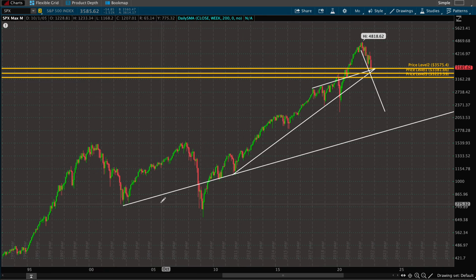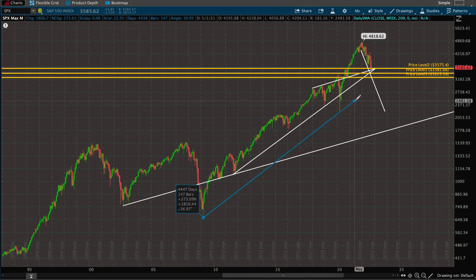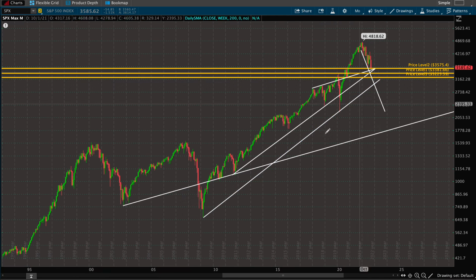But I drew some trend lines. This is a trend line going all the way to 2002 with the subprime crash, and then going up. Another trend line we can draw from here, and just see where it goes. As you can see, these trend lines that I drew, known as secondary trend lines, are running pretty parallel.